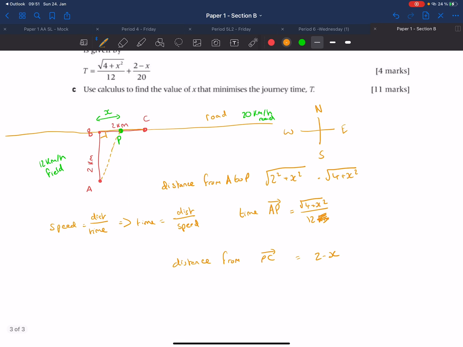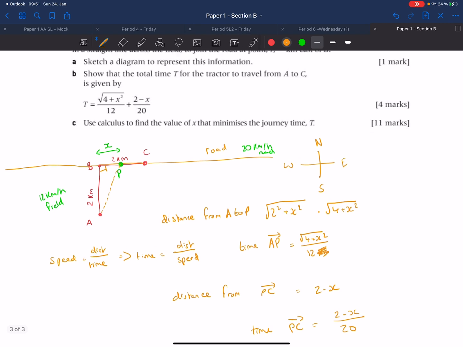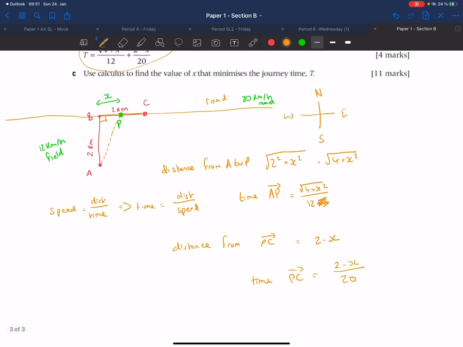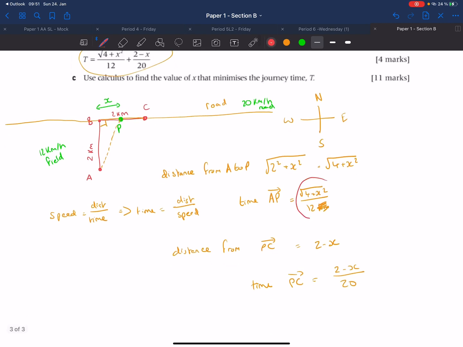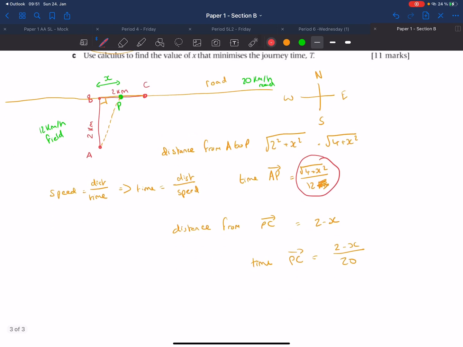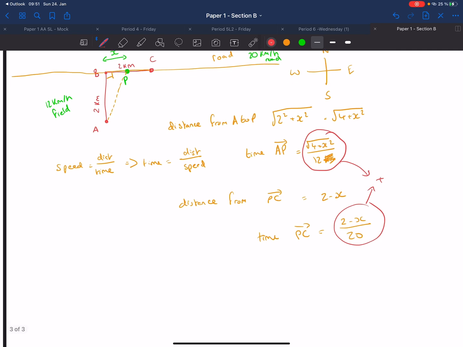And my time from P to C is going to be 2 minus x divided by my speed, which was 20. So then this formula makes a lot of sense. It's going to be this plus this for my total time.